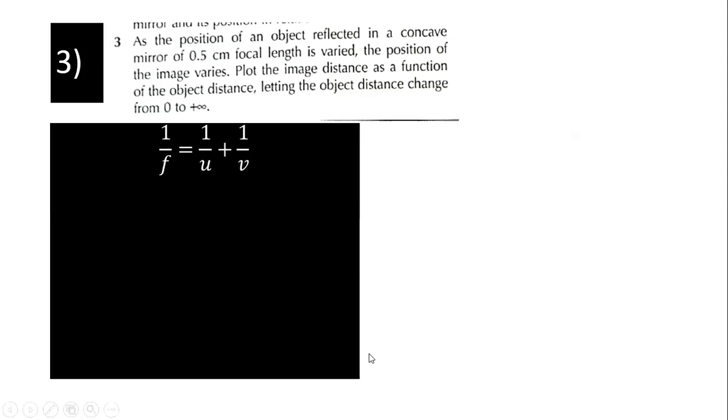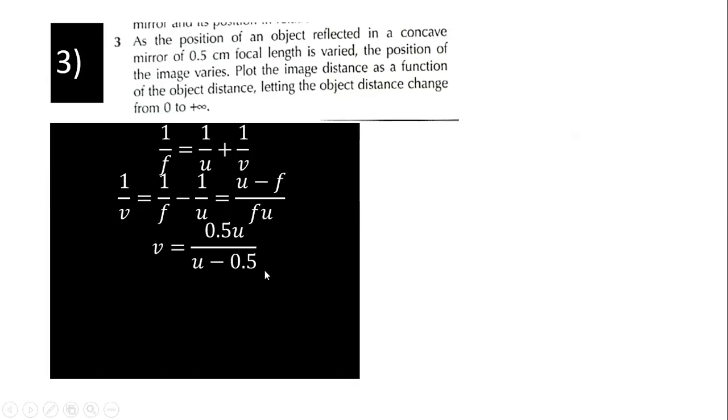So to do that, you have to go to the formula. Okay, so you want 1 over v against 1 over u. So take 1 over u to the other side. And then, right? Common denominator is fu. So u minus f.